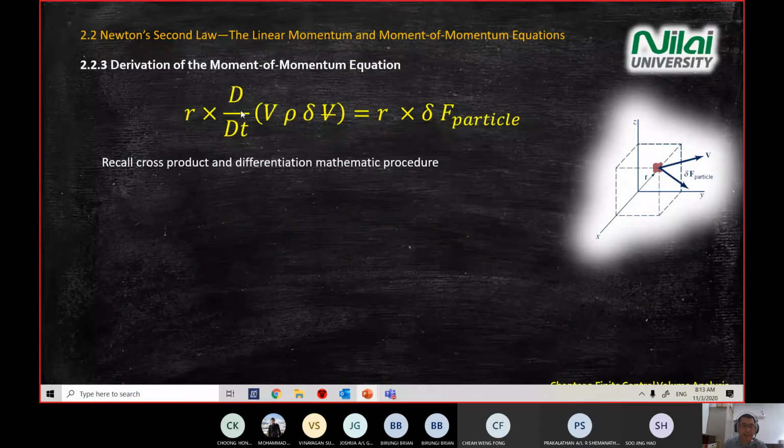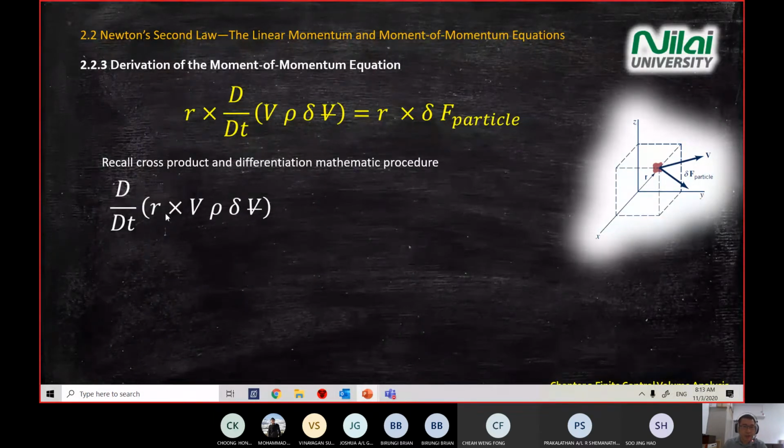Just now we got a momentum equation already. So we need to recall the cross product and differential mathematics procedure. When we put our r inside our domain here, it means we create a cross product.